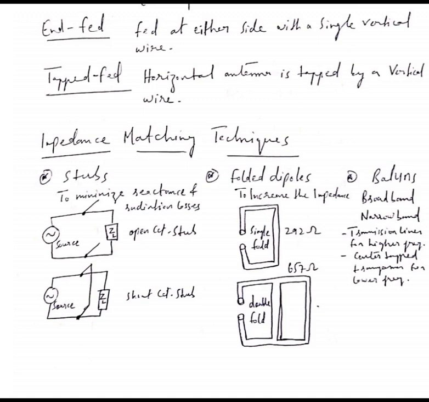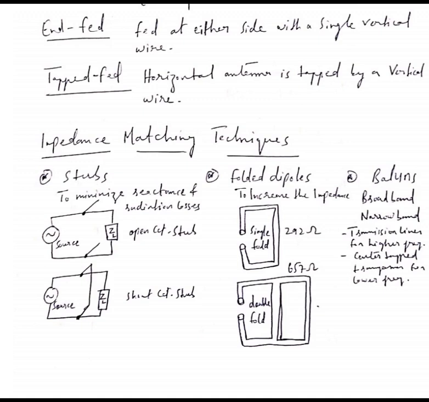The folded dipole is basically part of the transmission line or some hard wire that has been folded as shown in the figure.